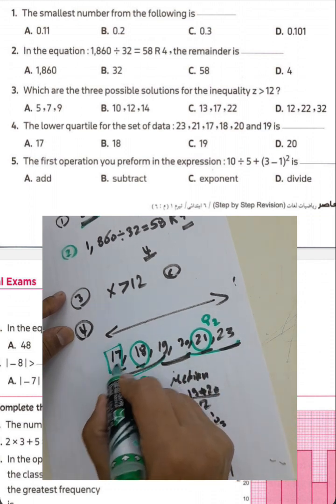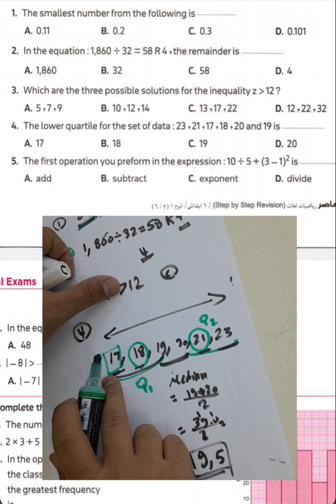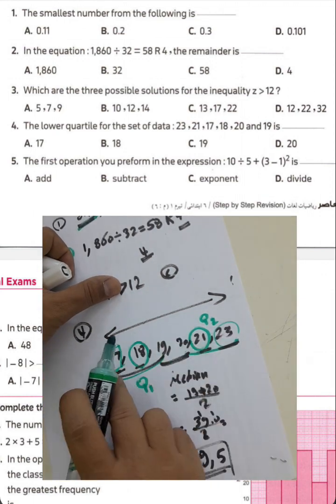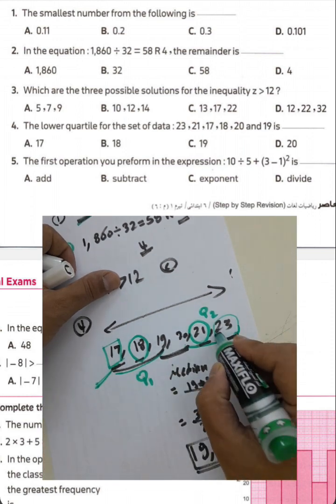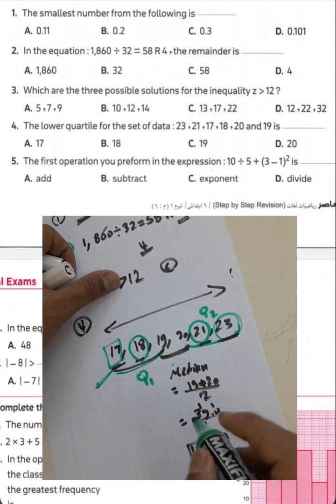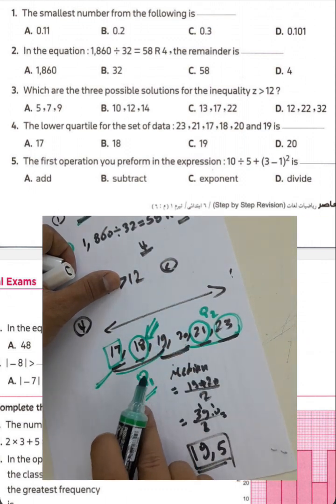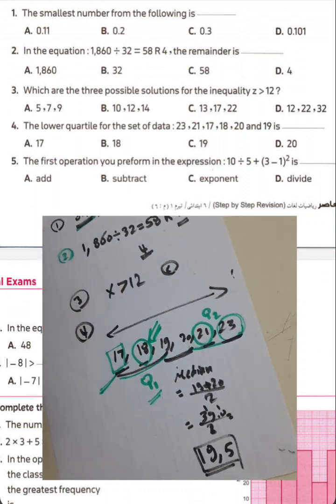And 17 we call the smallest number, the minimum value, and the maximum will be 23. But in this example, what does he want to find? Quartile 1, the lower quartile. The result will be 18. Choose letter B for question 4.